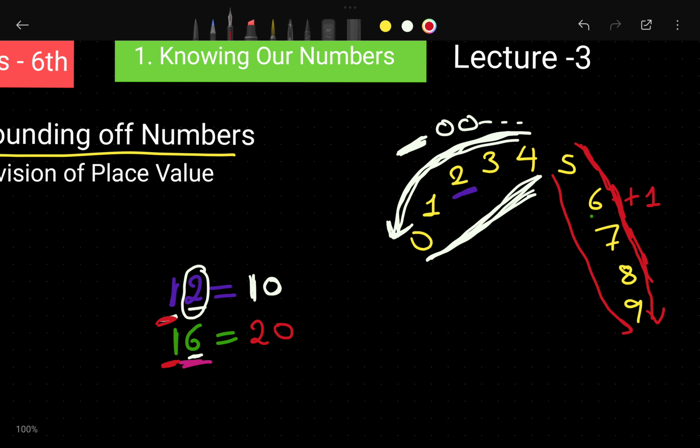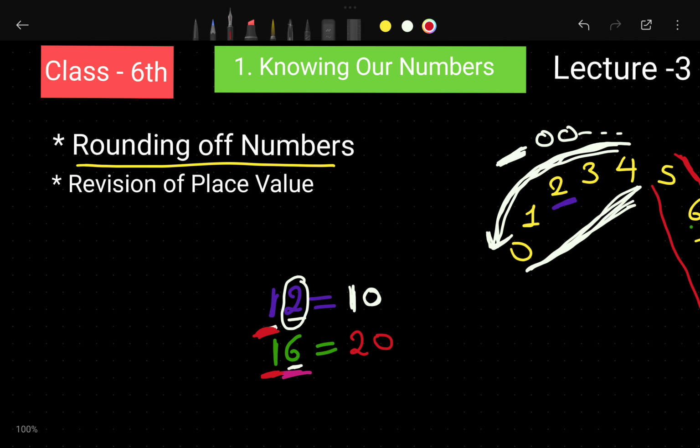In this one we add 1 to the first digit, then whatever number is there we make 0. So this is the number system, and I will give you two or more examples to help you understand this better.